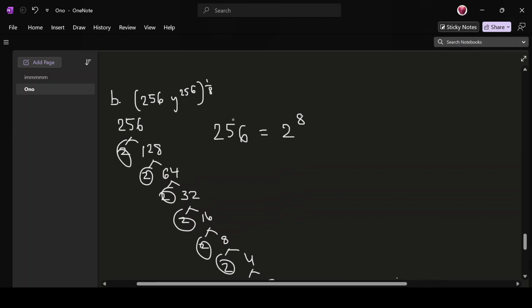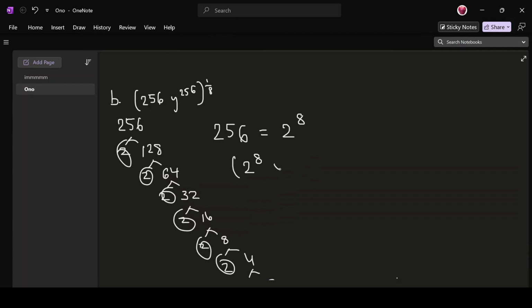So I'm going to rewrite that as 2 to the power of 8, y to the power of 256, all to the power of 1 over 8. Okay, now we're going to bring back another law: a to the power of m, all raised to the power of n, is equal to a to the power of m times n.